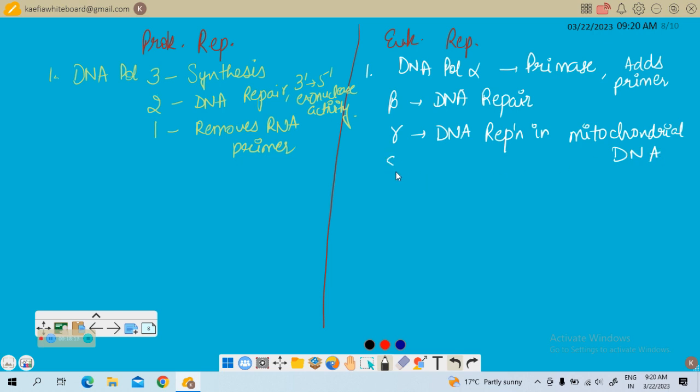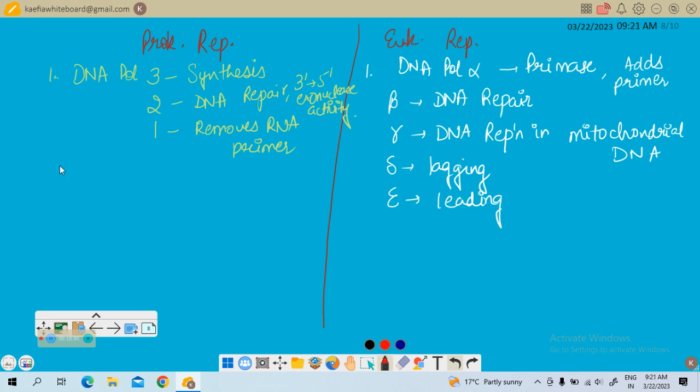Then delta is responsible for synthesis of the lagging strand. Epsilon is responsible for synthesis of the leading strand. Whereas in prokaryotes, DNA pol 3 synthesizes both strands, leading as well as lagging. In eukaryotes, we have different polymerases for leading and lagging.